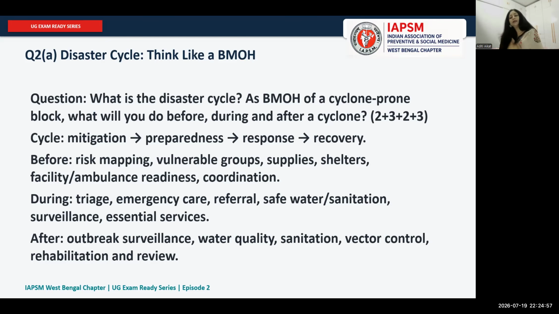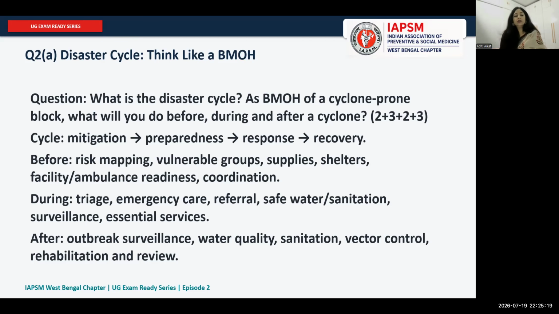Do not write in a complete narrative. In the before, you should focus on the risk mapping, vulnerable group identification, ensuring the supplies, shelters, facility and ambulance readiness, and a proper coordination.